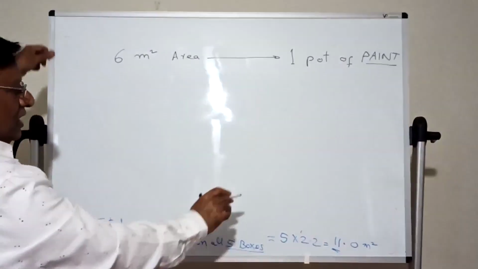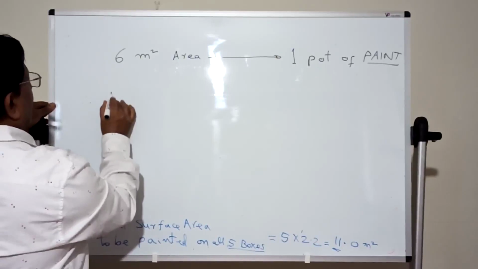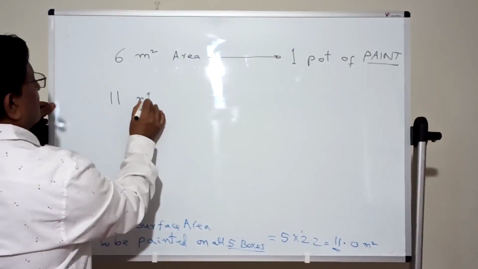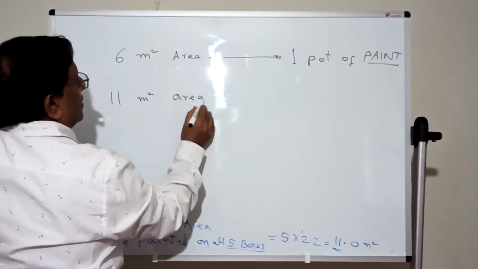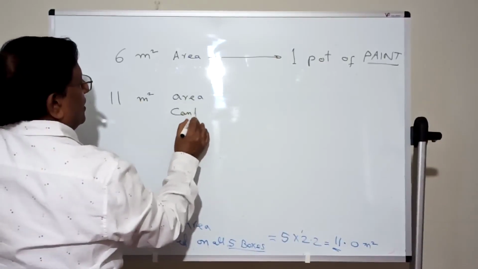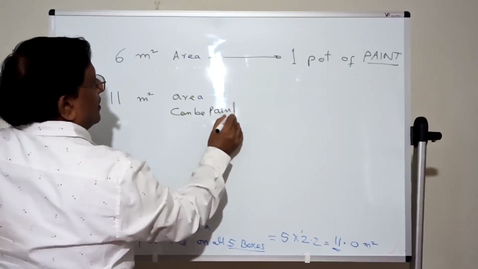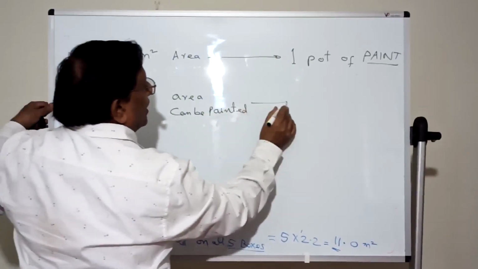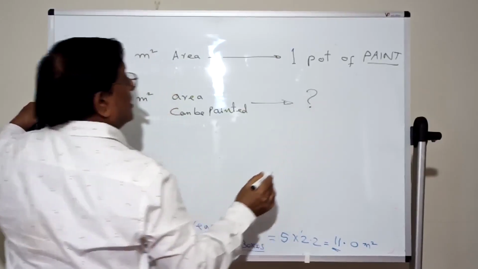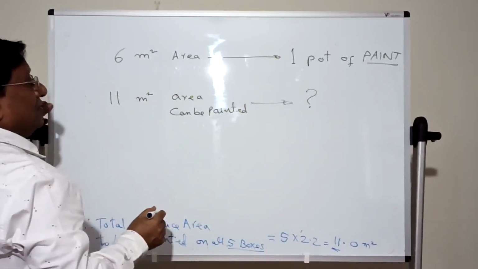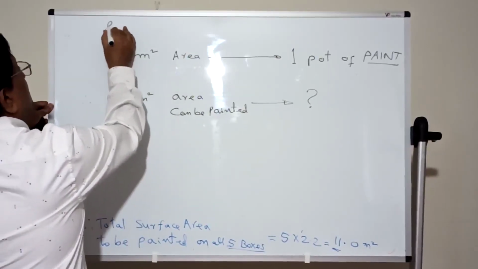And we got 11 square meters to be painted. Therefore, 11 square meters area can be painted by how many parts? Full number of parts, not fractional or part cans. And this statement is a proportion statement.